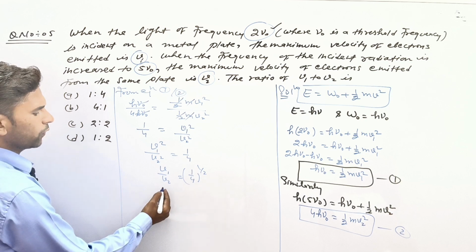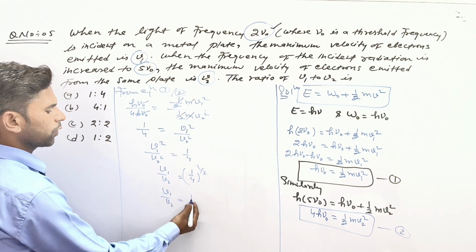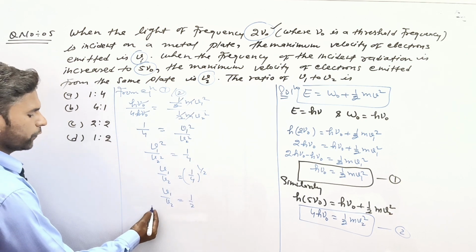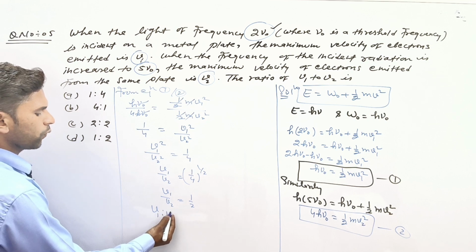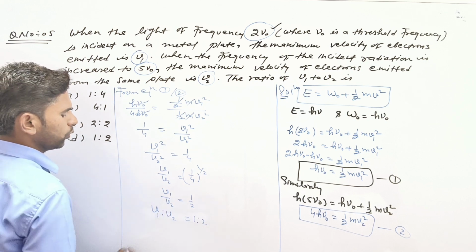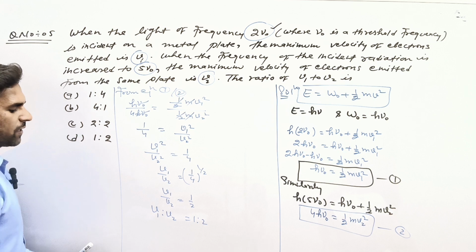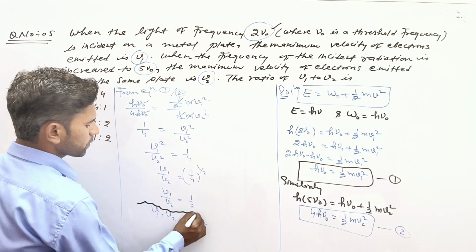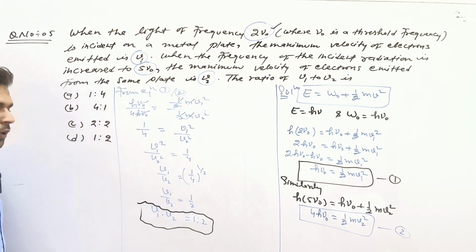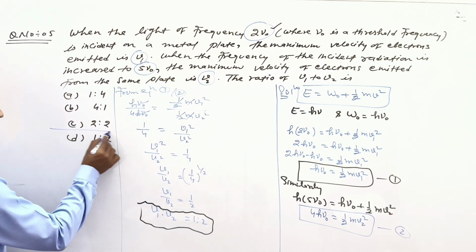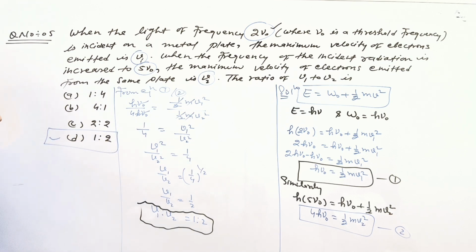When you solve this, you get v1 upon v2 is equal to 1 upon 2. In ratio form, v1 ratio v2 is 1 ratio 2. So 1 ratio 2 is the final answer of this problem. Which option is correct? 1 ratio 2, option D is the right answer.